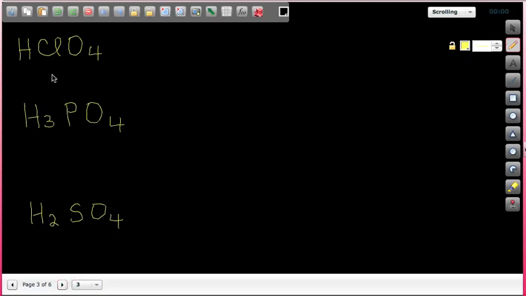Okay, so if somebody gave you a formula that looked like this and asked you to name it, what you want to do is take the anion part only, and using your rules, you have to start out with your -ate rule.